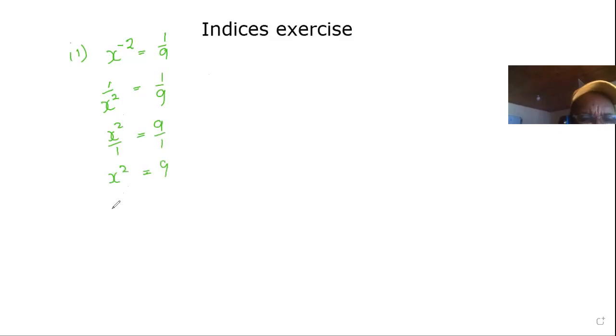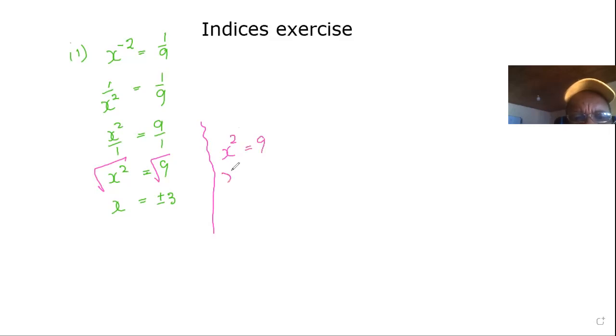Now, x will equal plus or minus 3 if I take the square root of that, or I have here x squared is equal to 9.